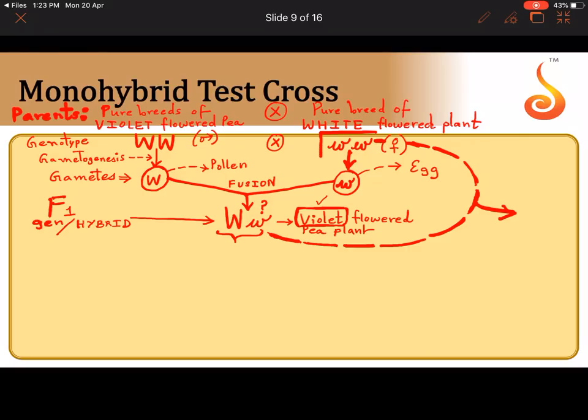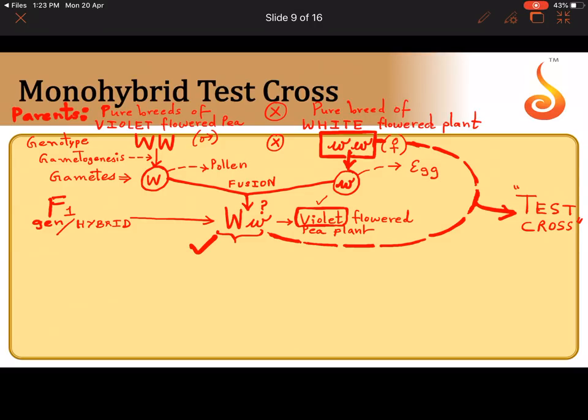See, I'm putting a box here. A recessive parent. Small w is the recessive parent. Such a cross is called a test cross. And why do you do this cross? Like I told you, to find out the genotype of the F1 hybrid.